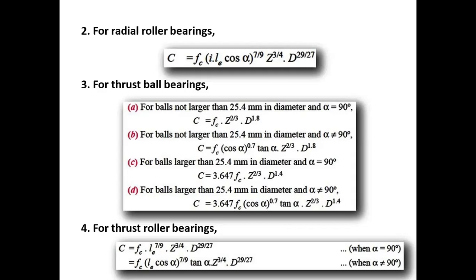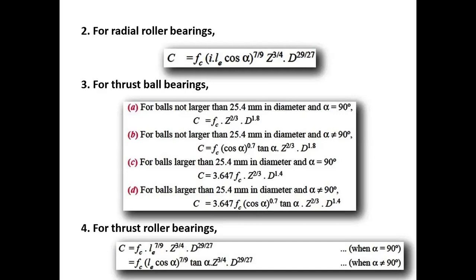If the ball is larger than 25.4 mm and alpha is not 90 degrees, then C is equal to 3.647 Fc cos alpha raised to 0.7, tan alpha, into Z raised to 2/3 into D raised to 1.4.